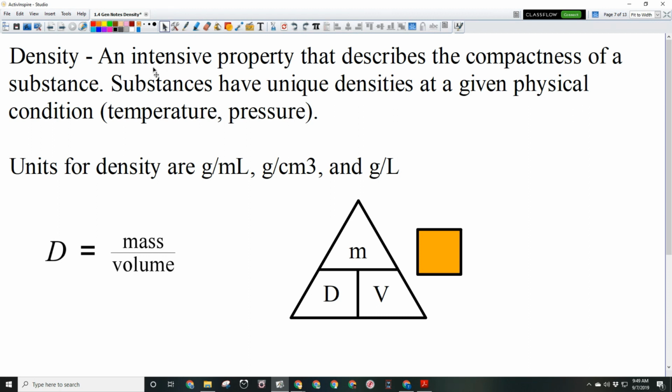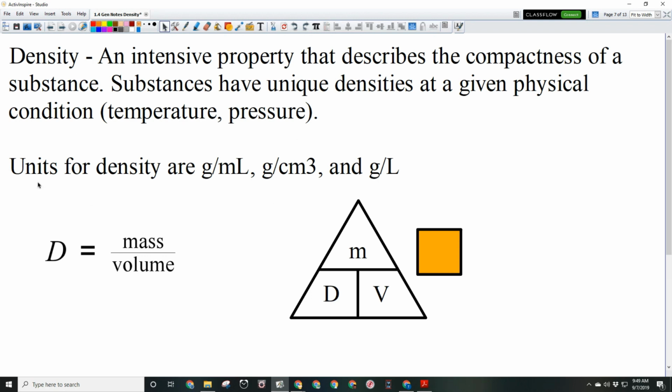Like green M&Ms, the color green is an intensive property. It doesn't matter how much you have. Okay? And it describes the compactness of a substance. So how tightly the atoms are packed in the substance. Okay? Substances have unique densities at a given physical condition like temperature and pressure.